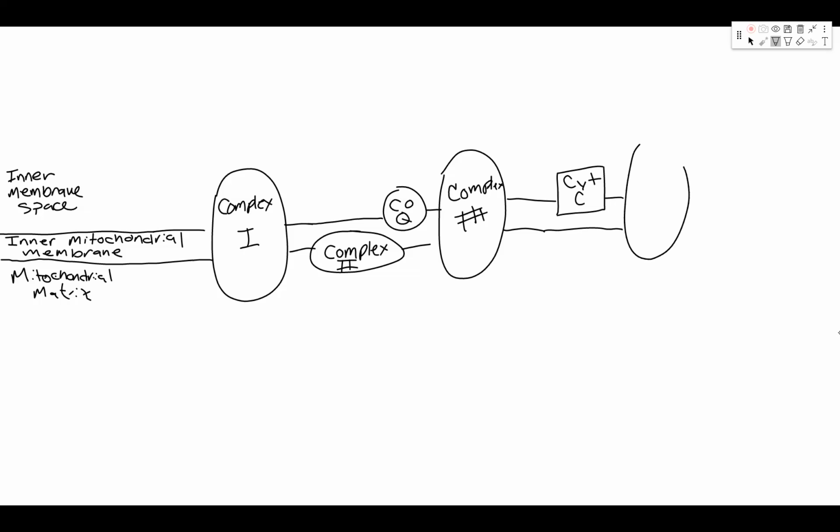And another transmembrane protein gives us complex 4. And that is our electron transport chain.